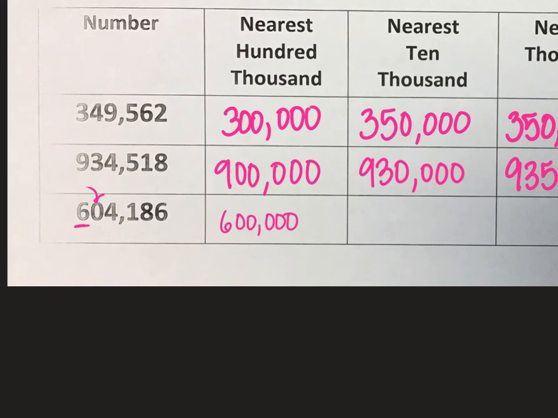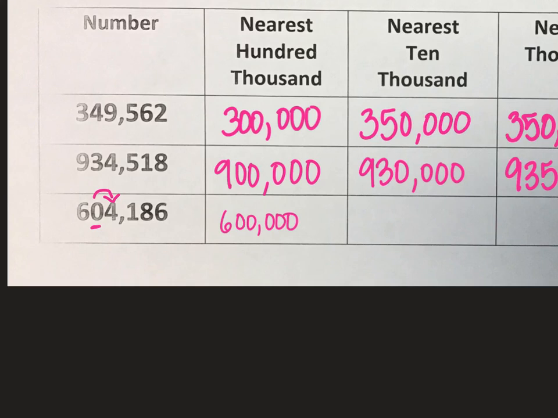Okay, I'm going to erase that. Now I'm going to round it to the nearest 10,000. What digit is in the 10,000s place, Paisley? 0. Going to draw an arrow to the digit on the right. Okay, I'm looking at that 4. So am I going to let that 0 rest, or am I going to give it a shove and change it to a 1, Gavin?